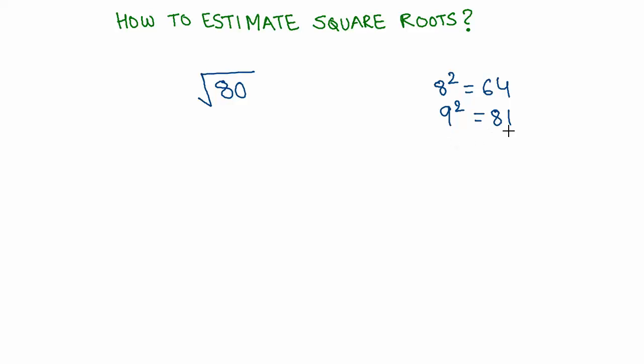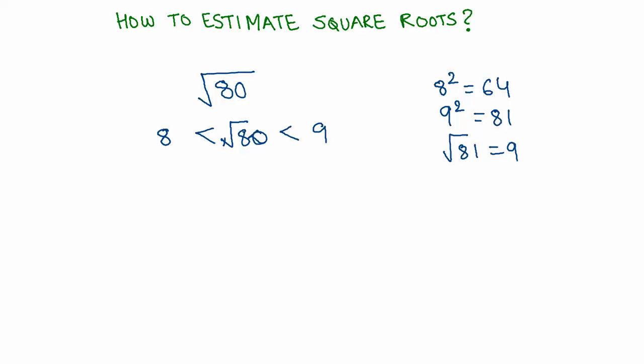81. Okay, so we know that the square root of 81 is 9. So can we write this statement as: the square root of 80 is greater than 8, but it has to be lesser than 9, right?